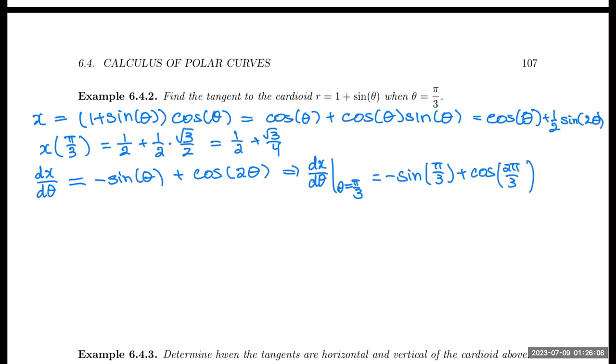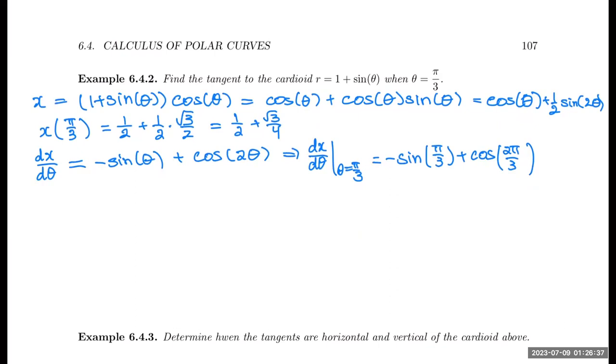All right. So what this should equal is, we have cos of 2 pi divided by 3. Okay, so we get negative 1/2 for this one.